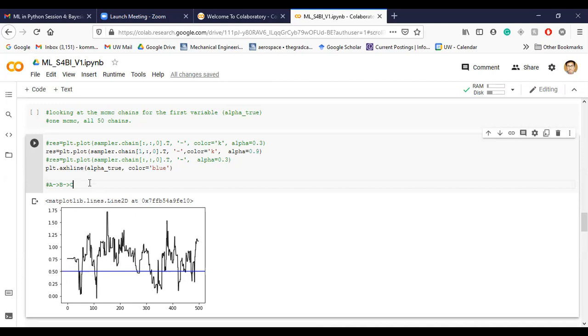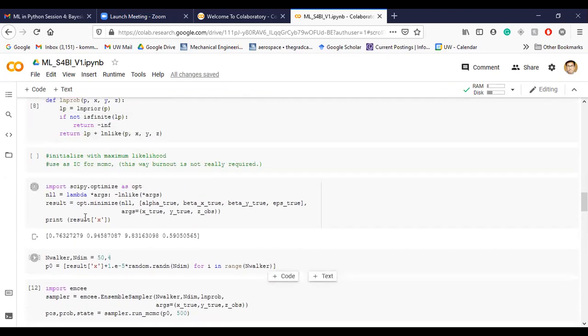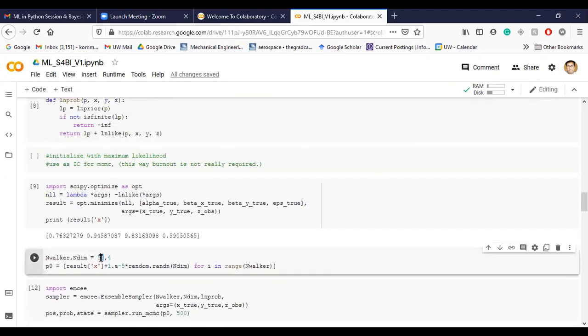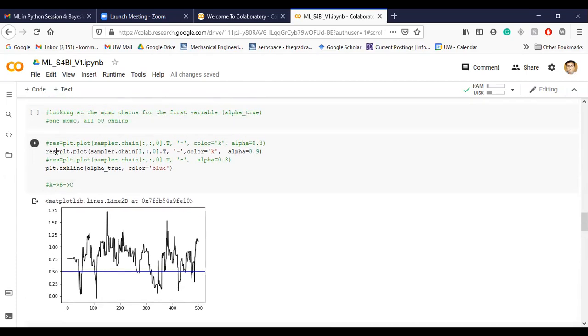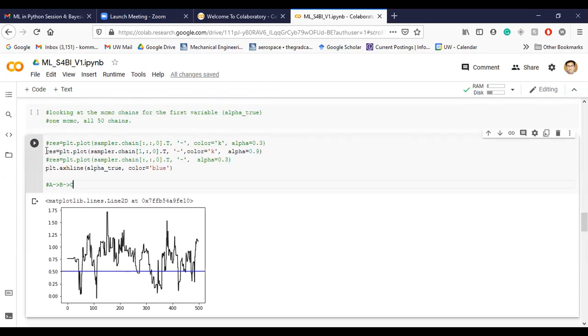Since one sampler wouldn't be of much use, let's actually use 50 samplers, which is what we did in this step. So we have 50 chains, which are all beginning at the same initial condition, and they are moving to learn the ultimate distribution.